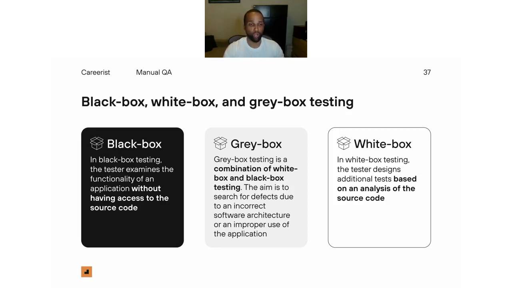Then we have gray box testing. Gray box testing is a combination of white box and black box testing. The aim is to search for defects or problems due to incorrect software architecture or improper use of the application. So gray box testing is kind of the best of both worlds, where you get some access to the code, but not all of it.